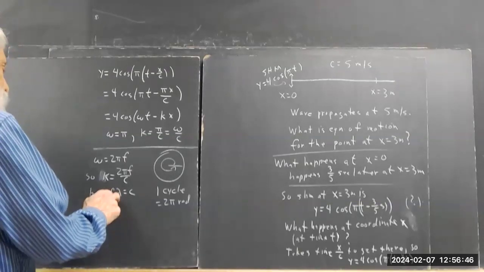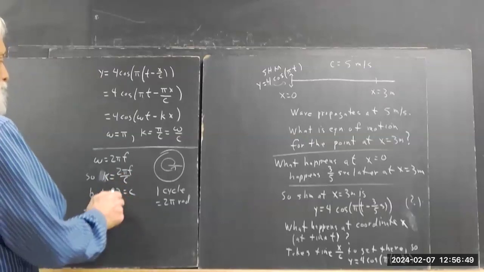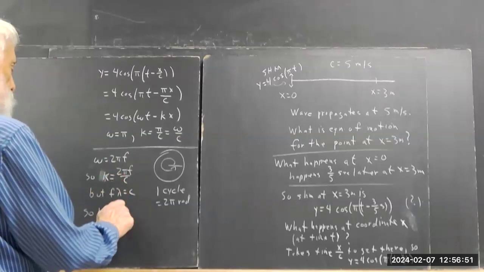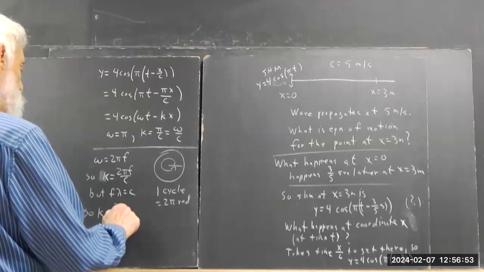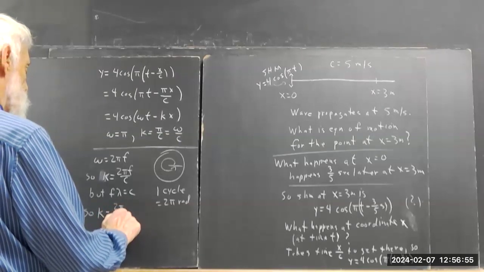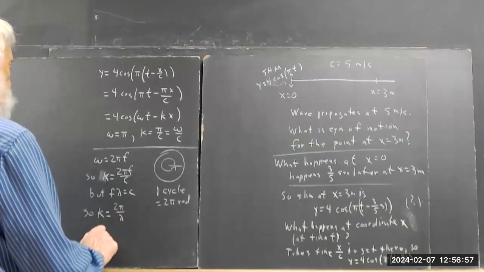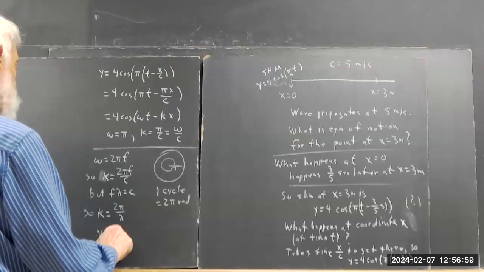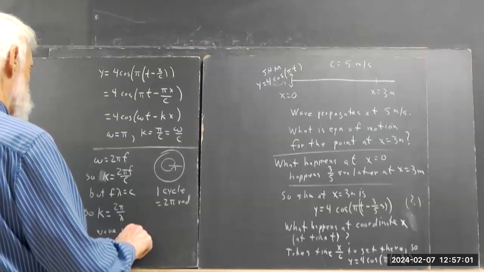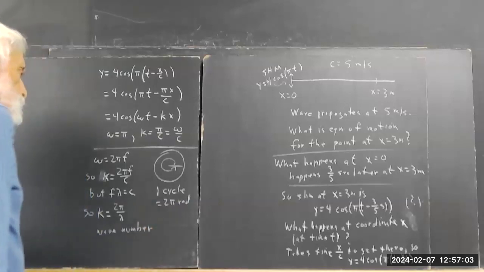So lambda is c over f, and f over c is the reciprocal of lambda. k equals 2 pi over lambda. That's the wavelength.